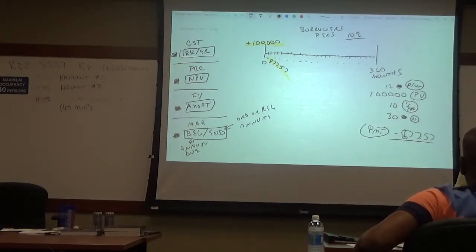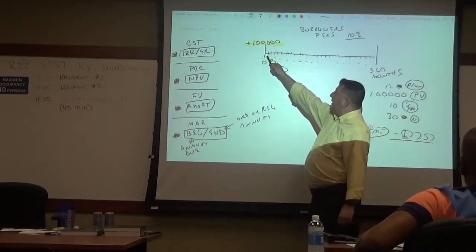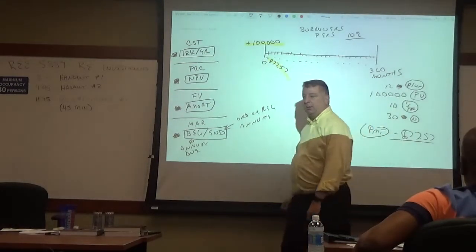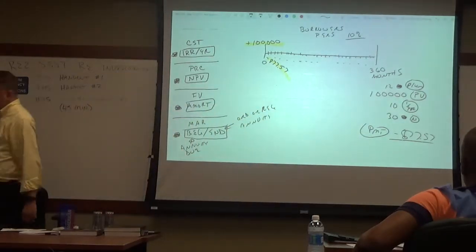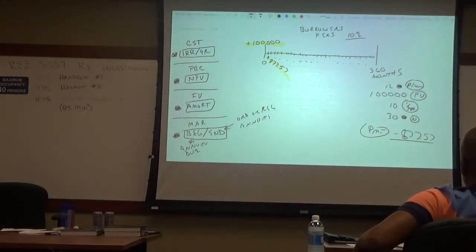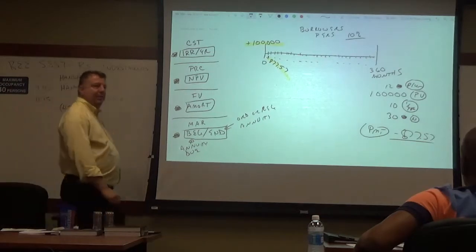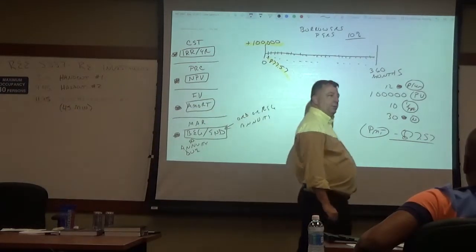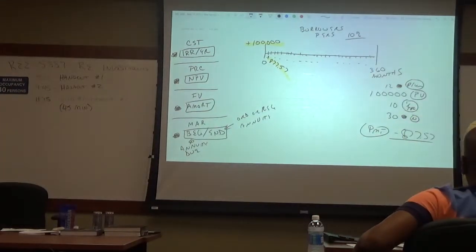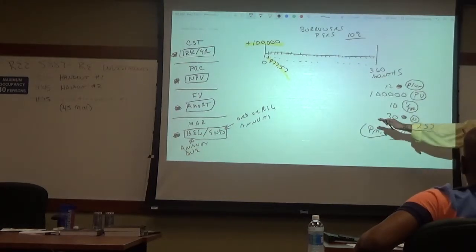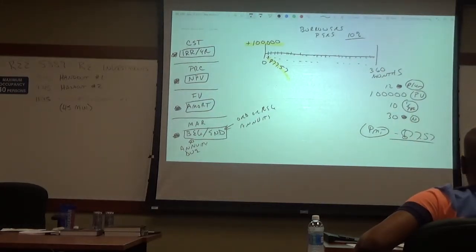But when do you make your first payment? One month later, literally, right here, at the end of the first month. You don't make your payment the moment you receive the money, or at least that's not the way we're setting this up. The idea is 1 month is passing, and then your payment is made.